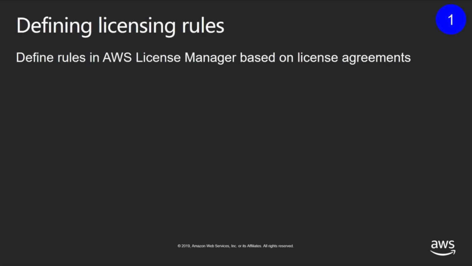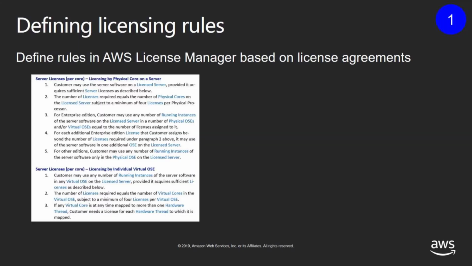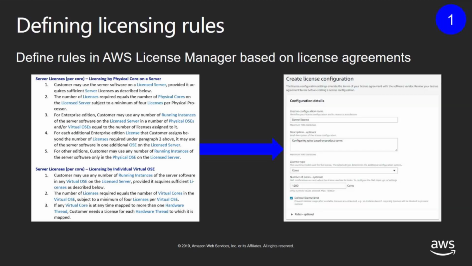Defining license rules. Administrators can define rules in AWS License Manager based on their enterprise agreements. Here is an example showing how licensing rules are created as a configuration in AWS License Manager based on vendors' product terms.